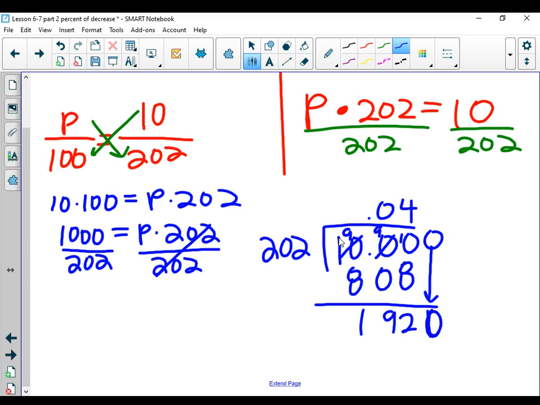Oh, I don't know why I put a 1 there. Sometimes my brain does silly things. I'm going to guess. Not enough.